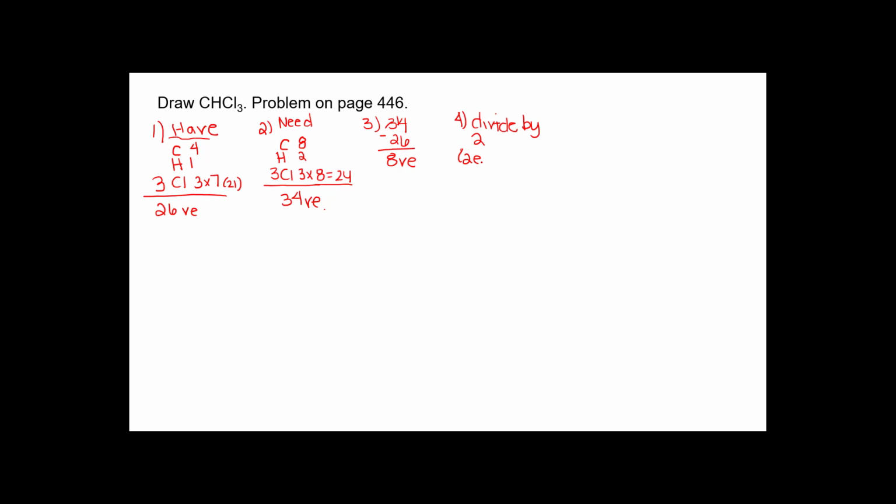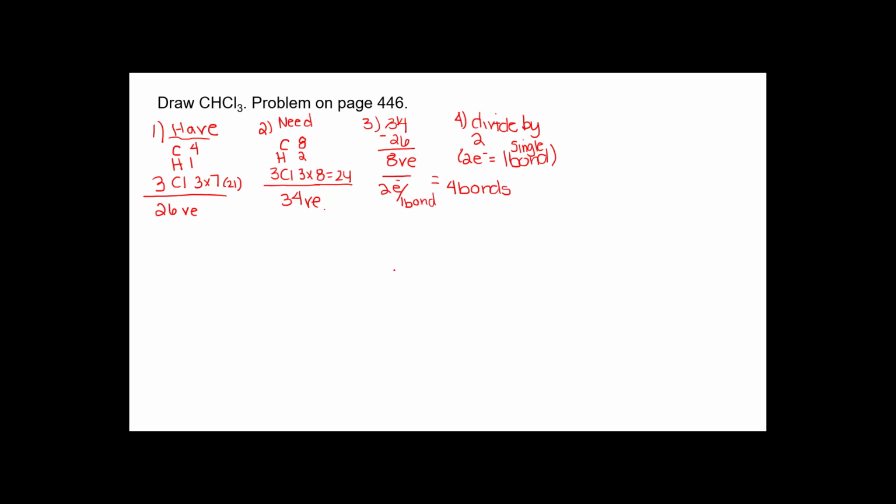Because 2 electrons equals 1 bond, a single bond. So I'm simply going to divide, 1 bond, and this equals 4 bonds.